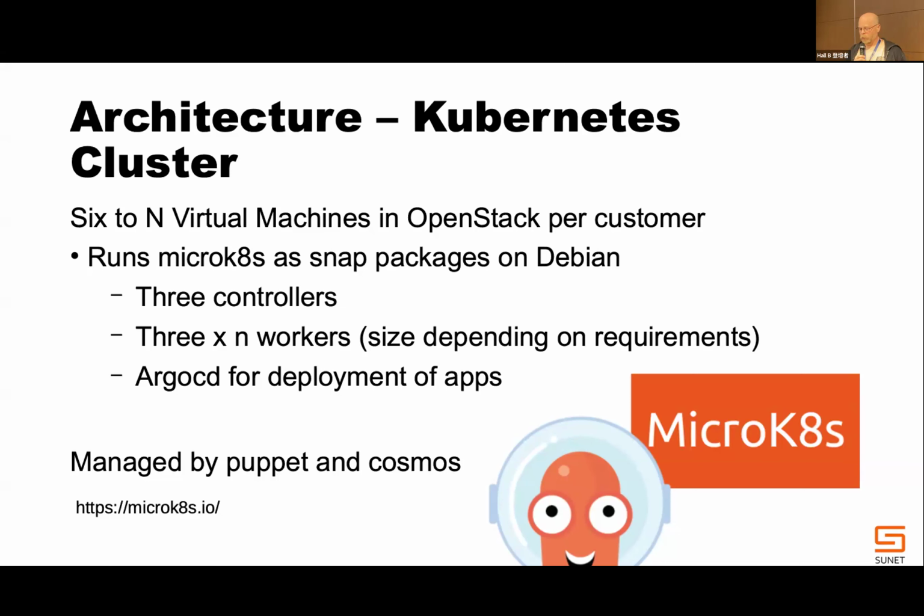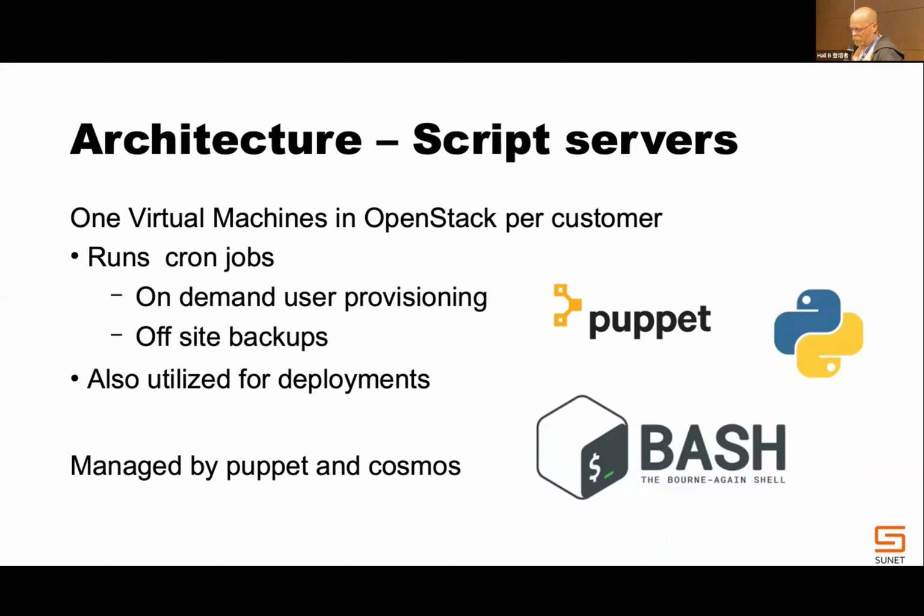We are actually deploying it as a snap package on Debian, because we can manage it with our Puppet setup. I will tell you a bit more about that later.